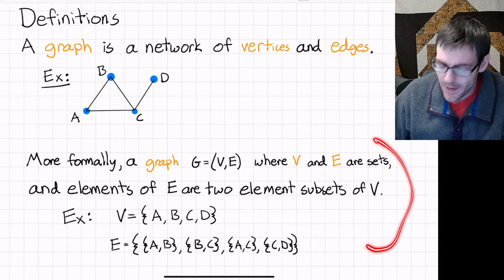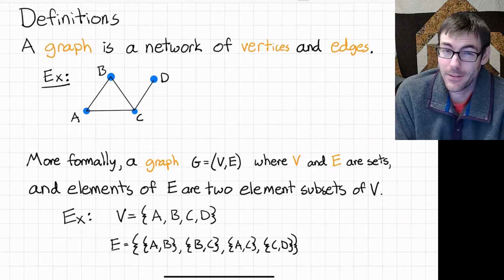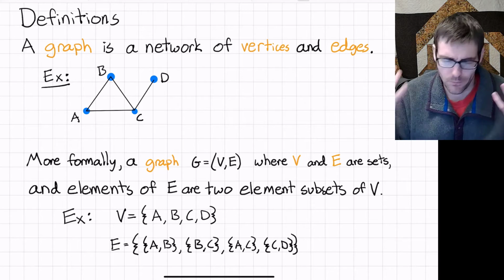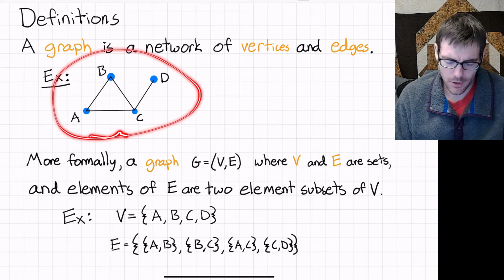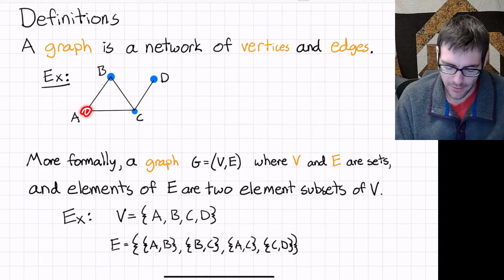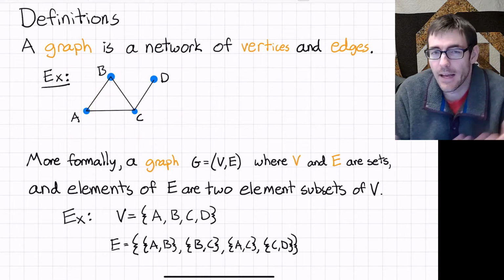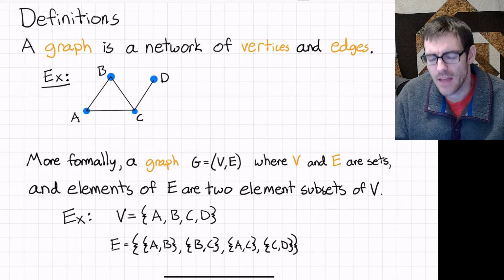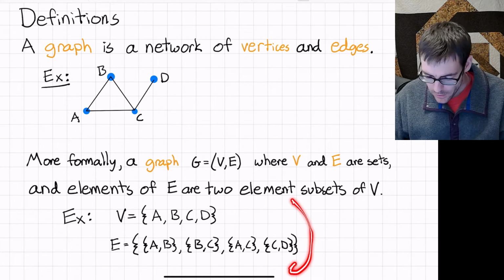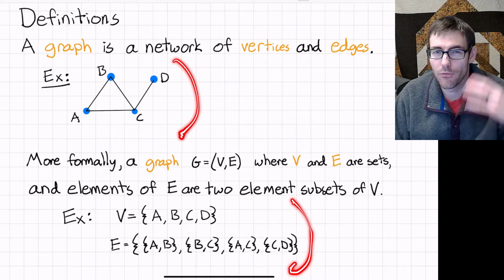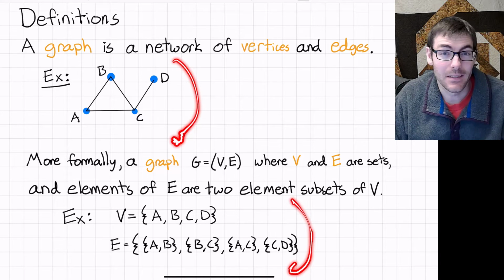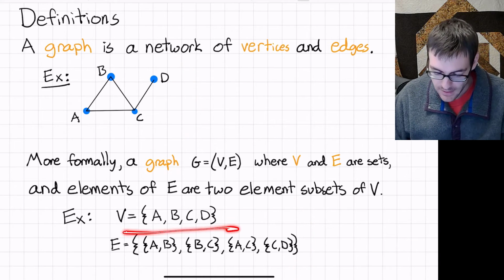Well, none of this feels like a graph to me at first glance. Early on, we said that graphs are pictures that look like this. We have these points and we have these lines connecting them. But at their core, these are really two different ways of writing the same idea.